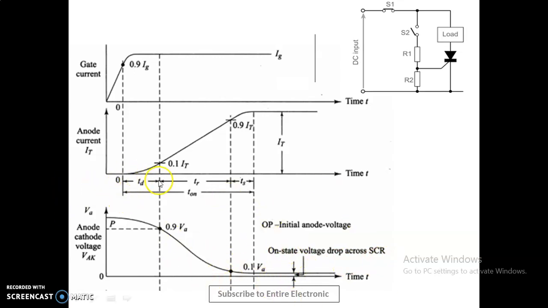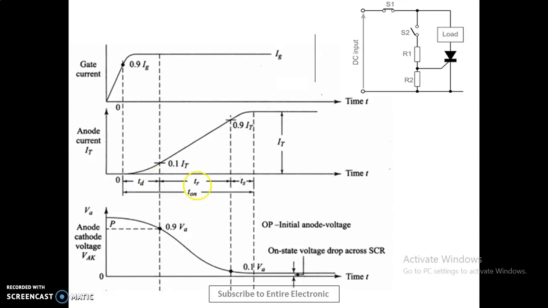During delay time, the forward voltage, that is anode to cathode voltage, reaches 90% of its final value. The final value is 0 volt. Also forward current, that is anode current, rises to 10% of its final value. This charge build up time is also called the delay time.